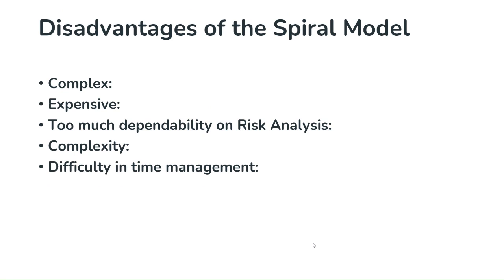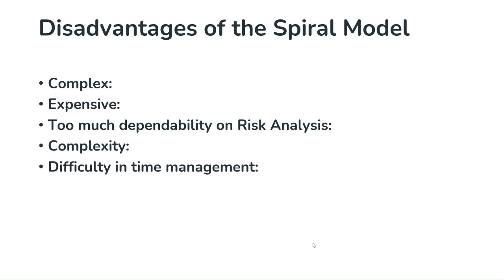Coming to the disadvantages of the spiral model, first it is complex. The spiral model is much more complex than the SDLC model. It is difficult to understand and sometimes difficult to use. Compared to SDLC, which is easy to understand and easy to develop, the spiral model requires some knowledge to develop or use.